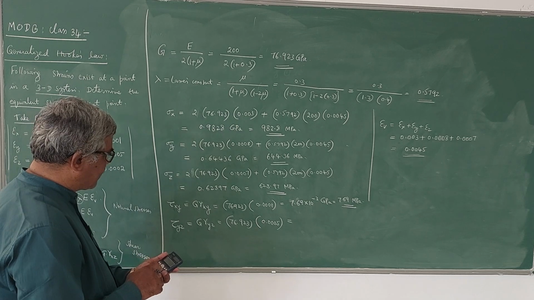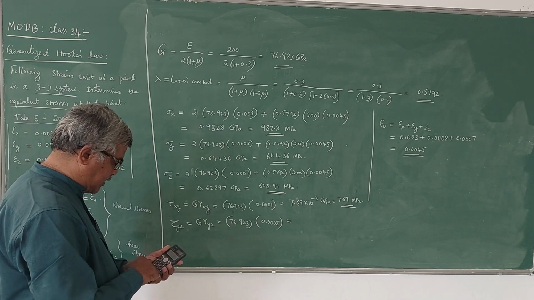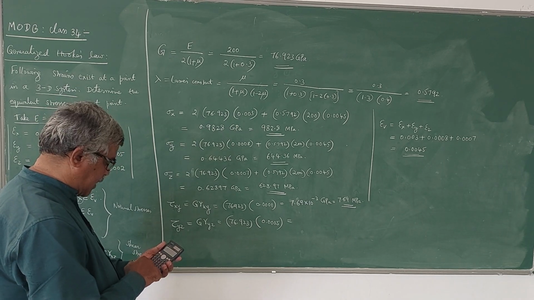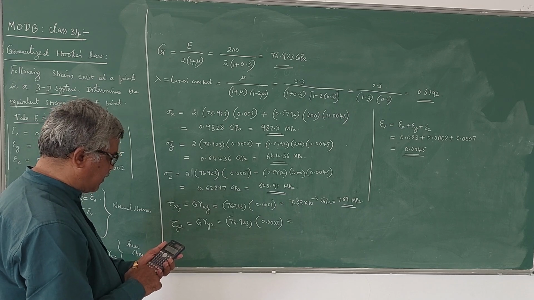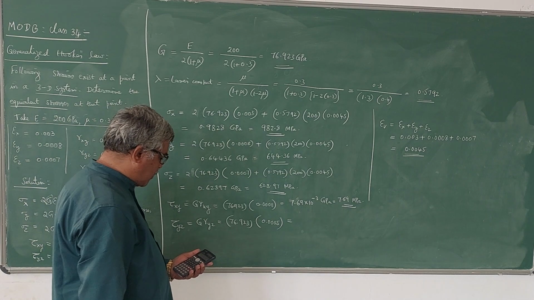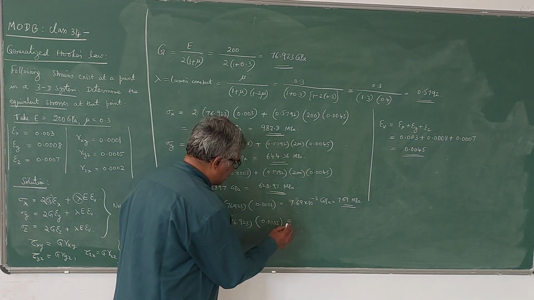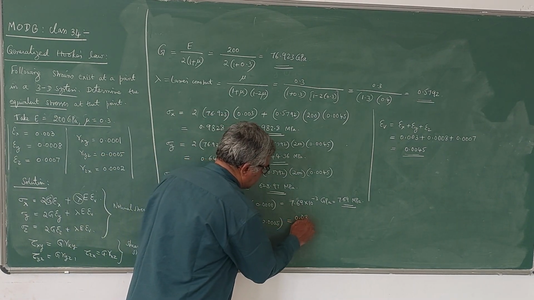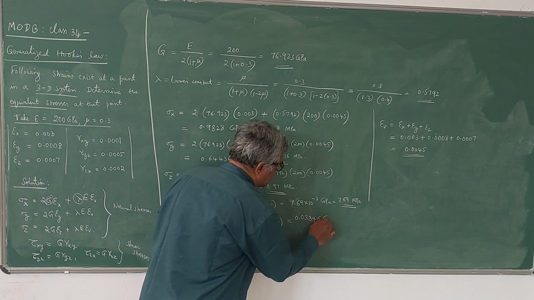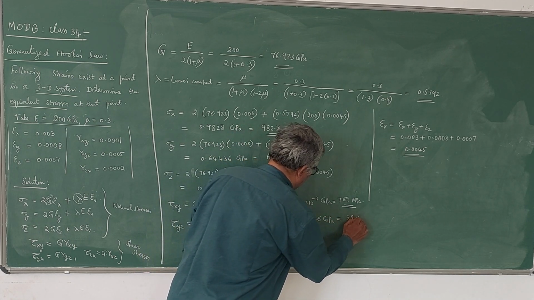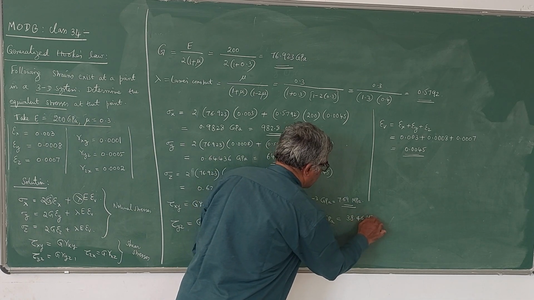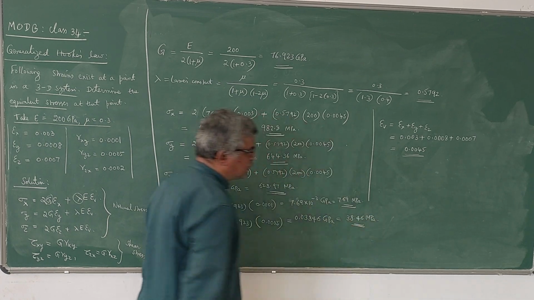If you multiply, 76.923 into 0.0005 will be equal to 0.03846 GPa, or into 1000 means 38.46 MPa. So this is the value of tau yz.